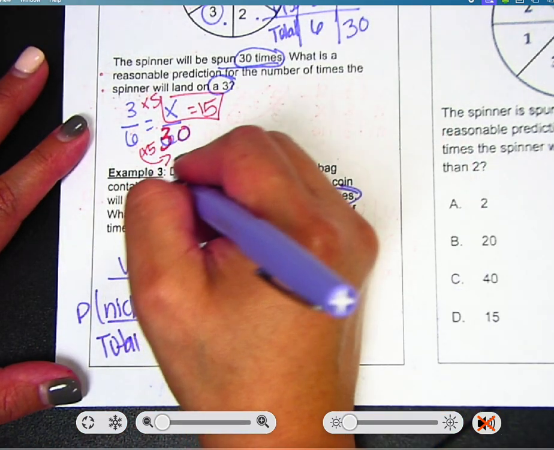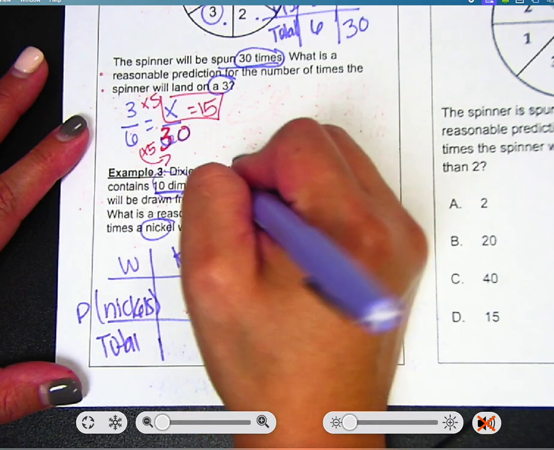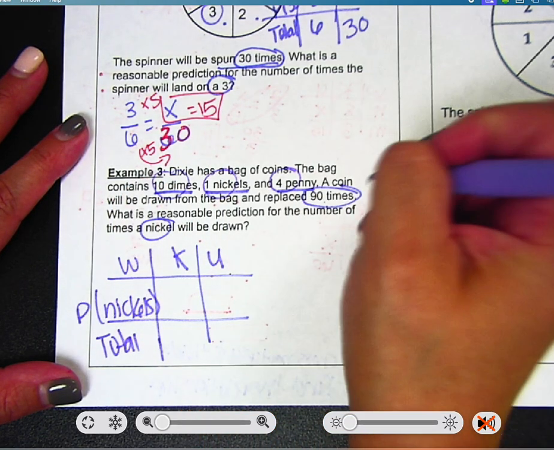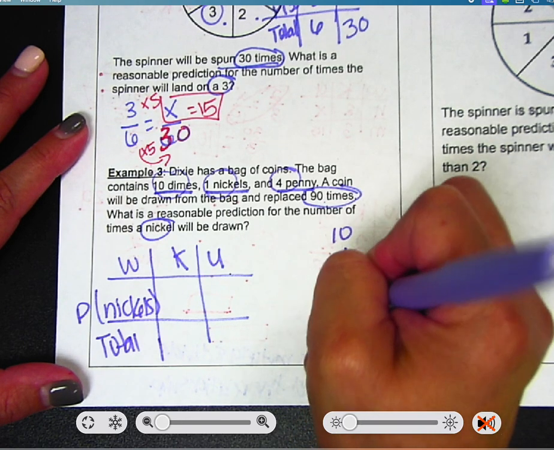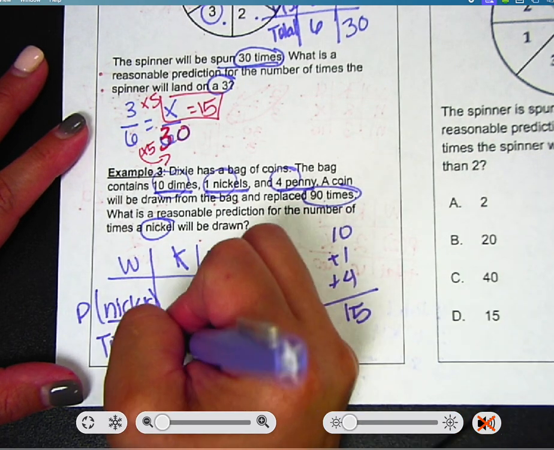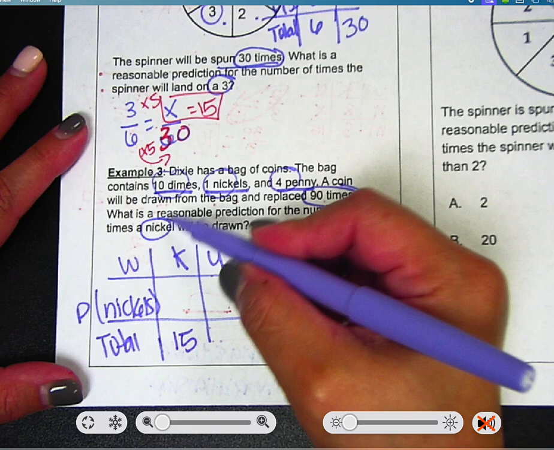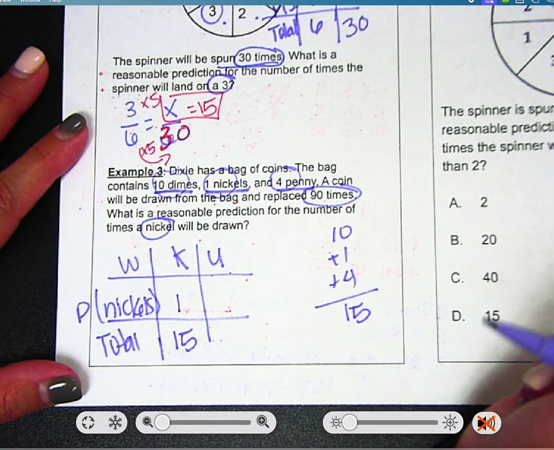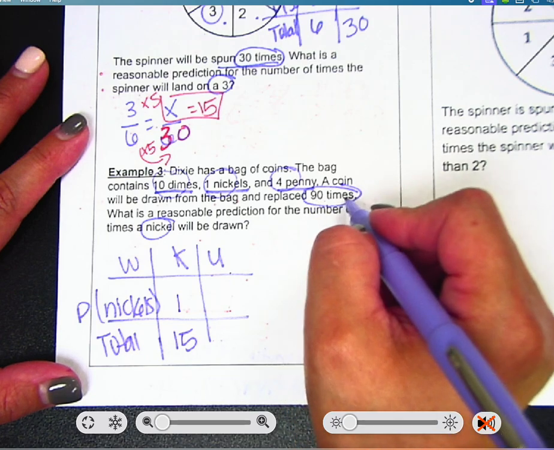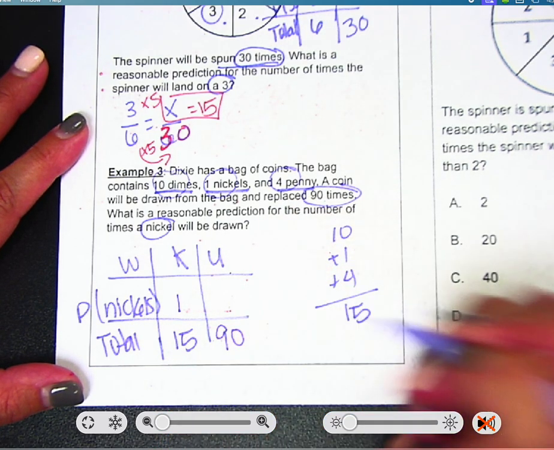So we need to find our total. So we have 10 plus 1 plus 4, that's 15. So my total is 15, and they're talking about nickels, and they have 1 nickel out of the 15. Okay, and then they're going to do this 90 times, so that's going to be your new total.